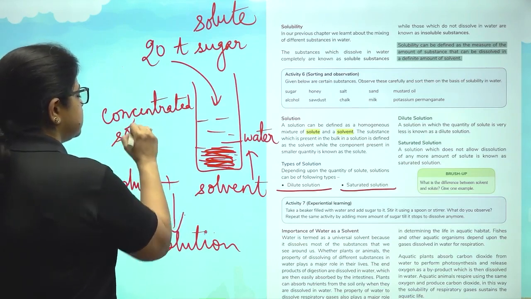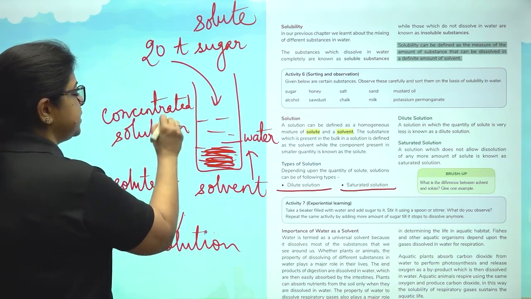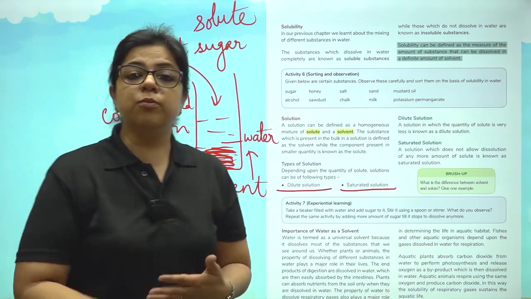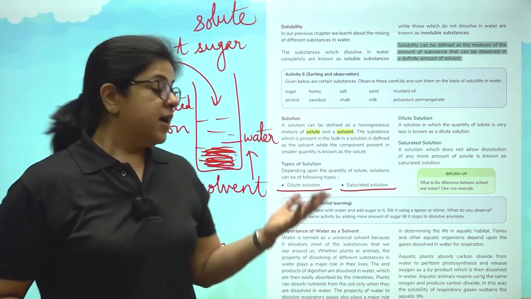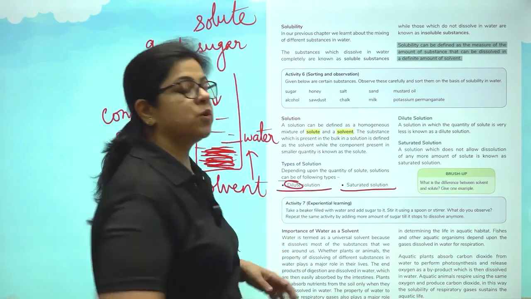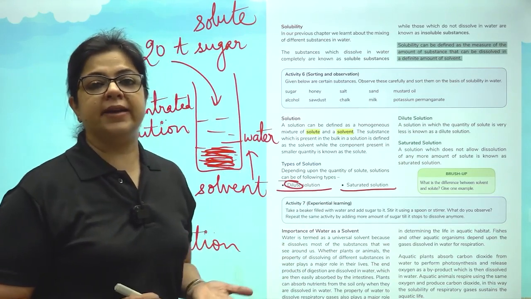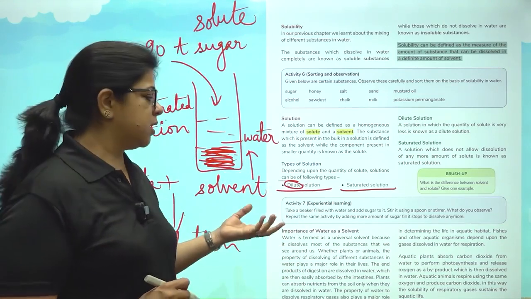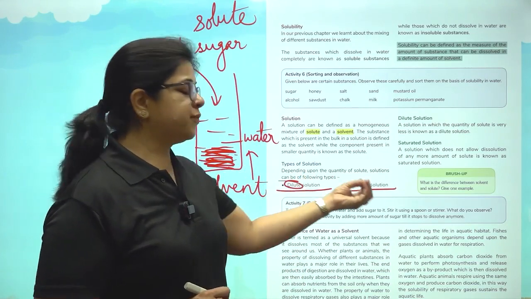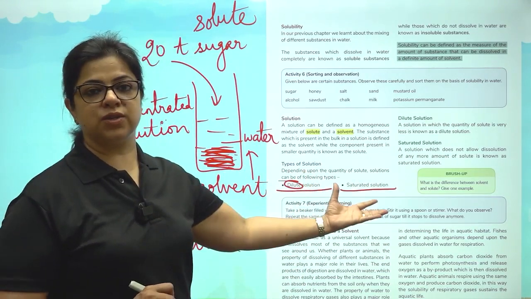What do you mean by concentrated? Concentrated means where no more solute can be added. And a dilute solution was a solution with 2 teaspoons of sugar, where you could continue adding more sugar. So, these are the two types of solutions, dilute and concentrated.